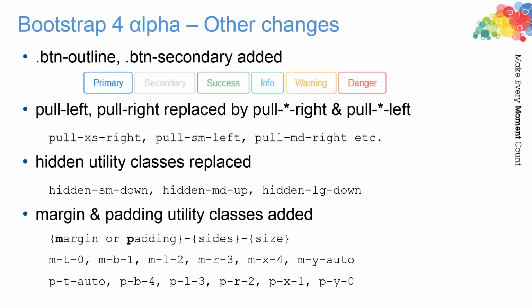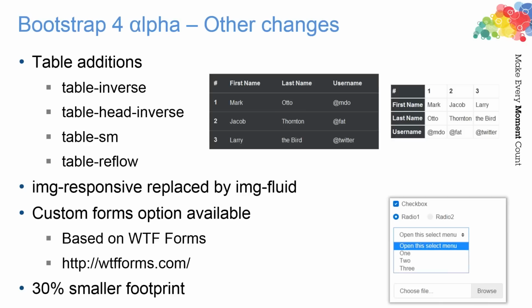Those numbers are, I think, EMs, so 1 EM, 2 EM, 3 EM, and so forth. And similarly, you have the same kind of concept with your padding utility classes as well. So there's a lot of stuff there to make your life easier and to make your applications more responsive than they might have been in Bootstrap 3.